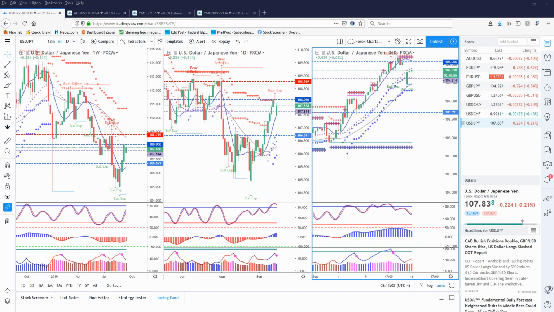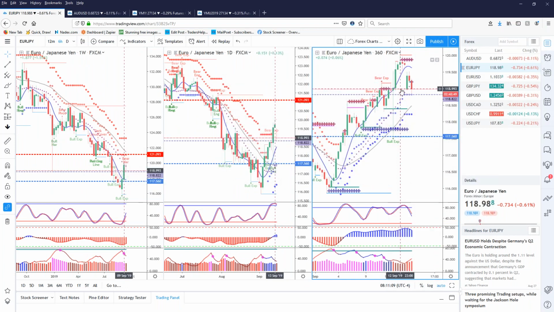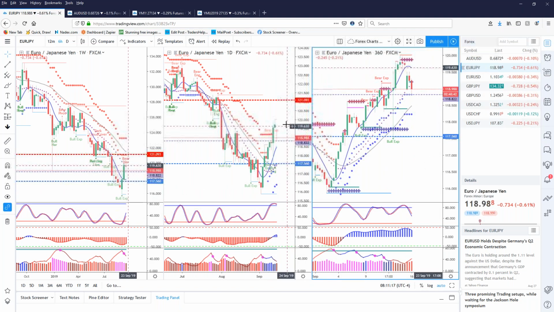Okay, let's look at some of the markets I didn't look at yesterday. Let's look at the euro yen. The euro yen, you have come back to the ATR here. But do you see the gap here? This is the close Friday, and the open was about here.